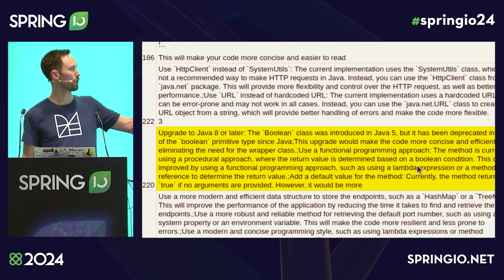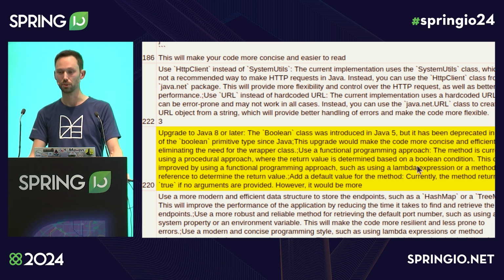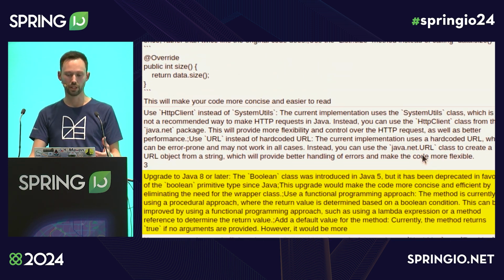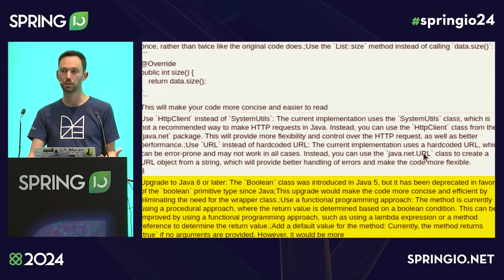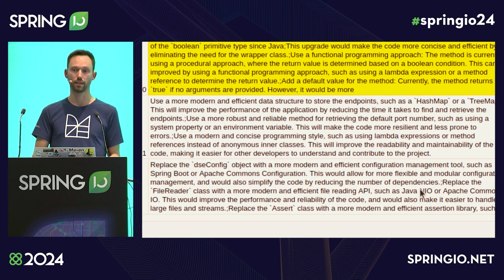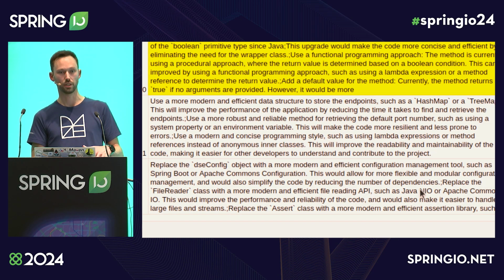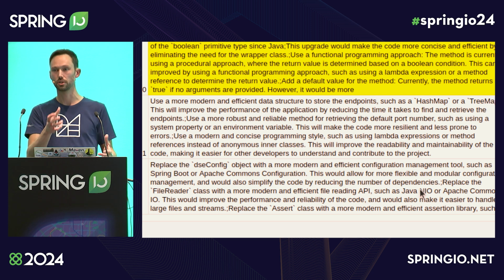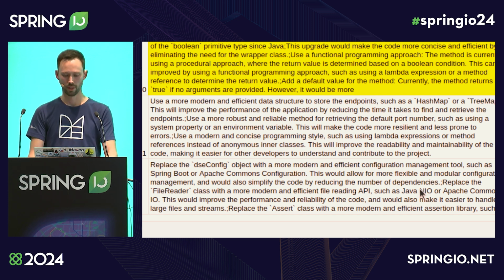Again, going on about the Boolean class introduced in Java 5. But the other ones, they are pretty decent. They are going to find the recipes that we are actually looking for, and then suggest that you run those, and when you run them, you get the predictable code changes that we are actually after.